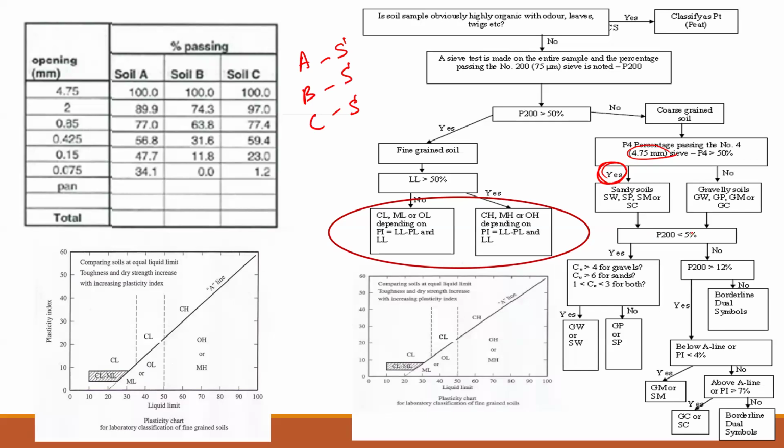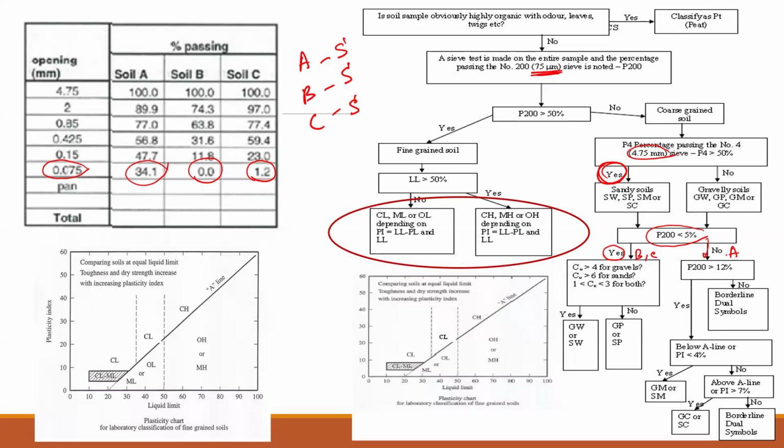Now we need to find out P200, the 0.075 sieve, whether the passing is less than 5% or not. If you go to our calculations here, the percentage passing is less than 5 for B and C, but more than 5 for A. So B and C come to the left-hand side, and no for A goes to that side.